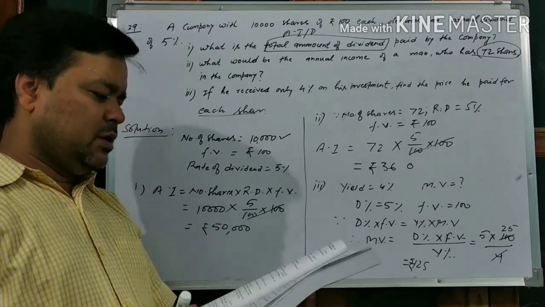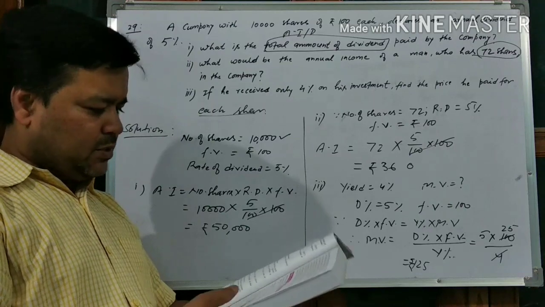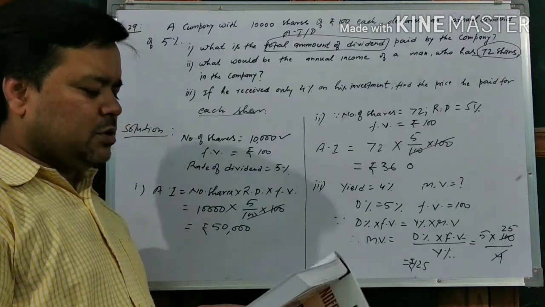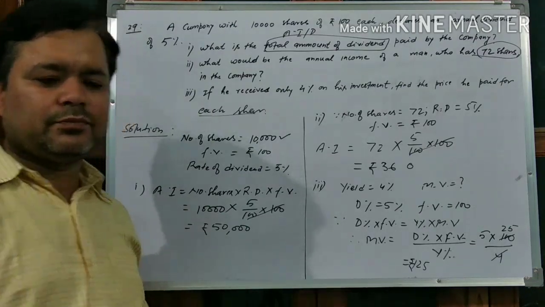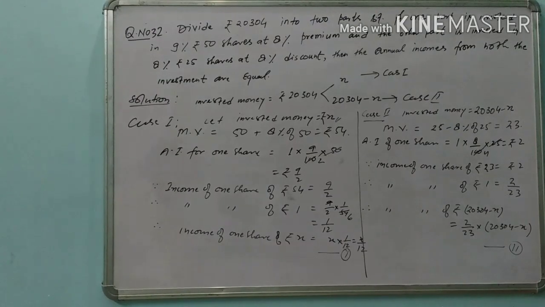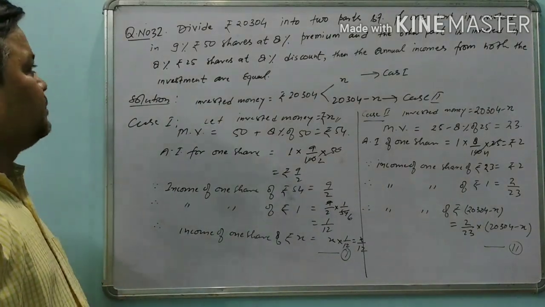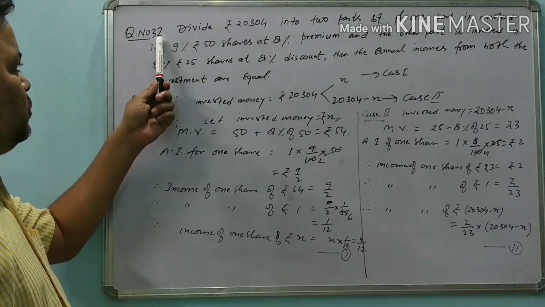Let us see the next question in the new book, page number 41, question number 32. Let us see the last question of exercise 3rd, that is question number 32.